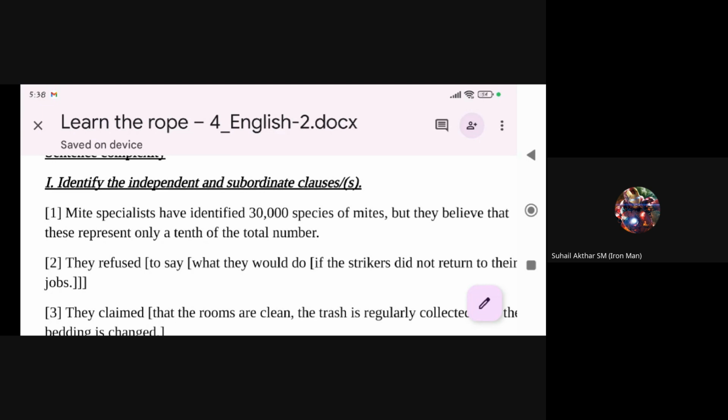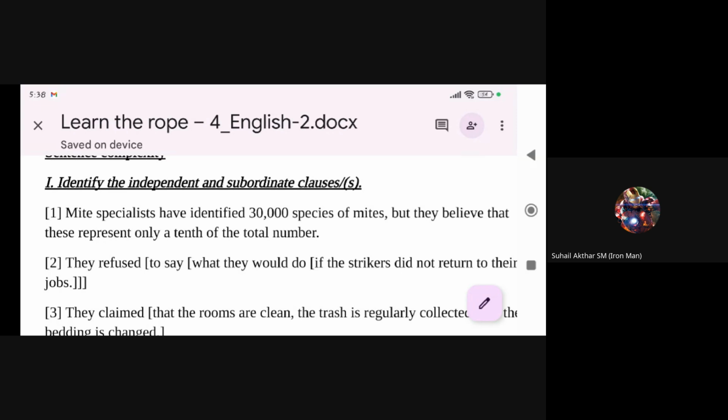Dependent, subordinate, embedded, they all more or less mean the same, right? For our purpose and for the exams as well, you're mostly going to see the terms subordinate and independent, right? So I've also included only that in the exercise since that's what you're going to be dealing with.